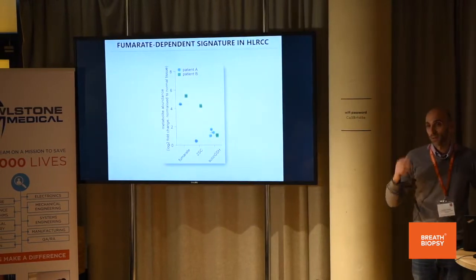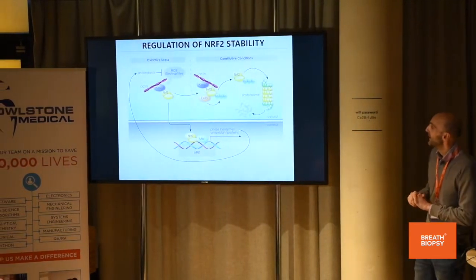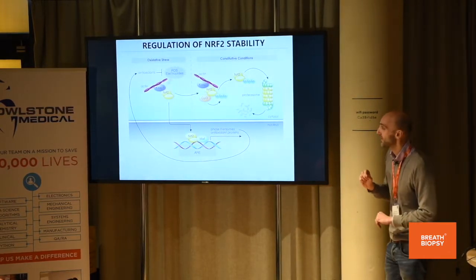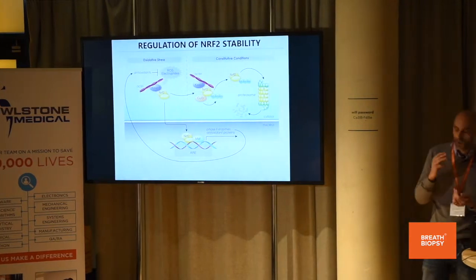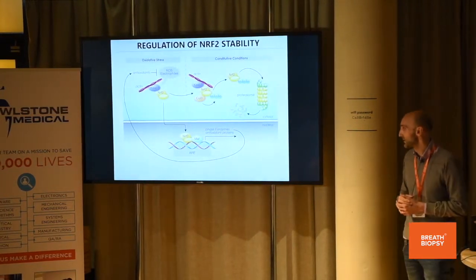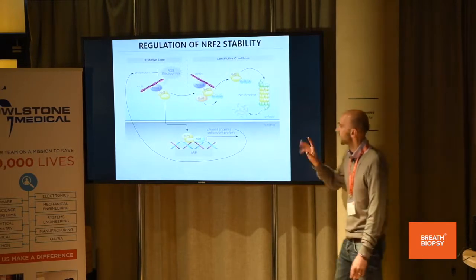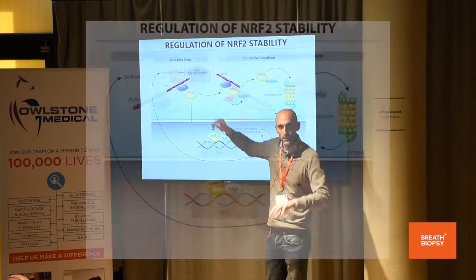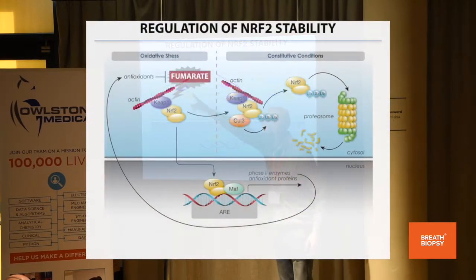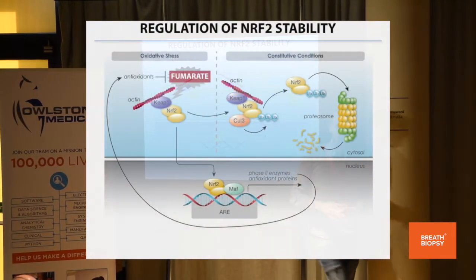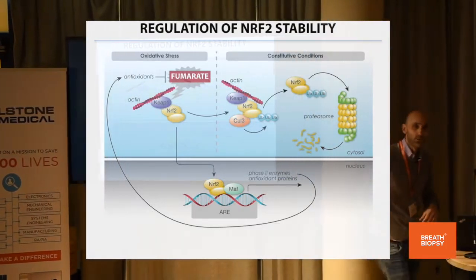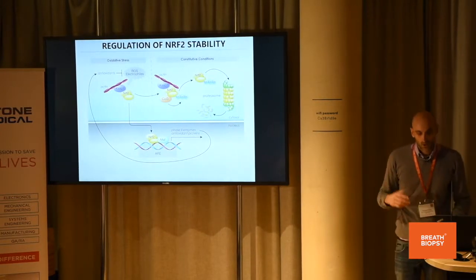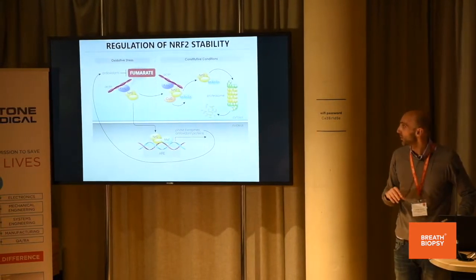But why is this important? Well, one target of fumarate is this protein called KEAP1, which you might have heard of because it's the negative regulator of NRF2. NRF2 is an important antioxidant response gene, and when fumarate binds to KEAP1, its negative regulator, by succination, NRF2 can activate its transcription and reprogramming, leading to a very important antioxidant response, which is thought to be a driver of cancer in this tumor.